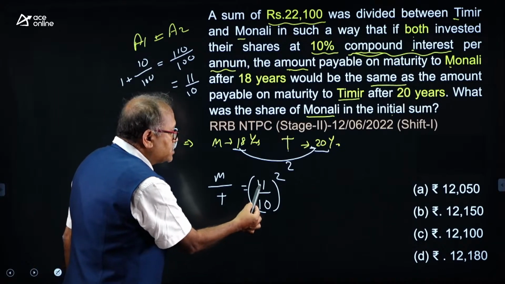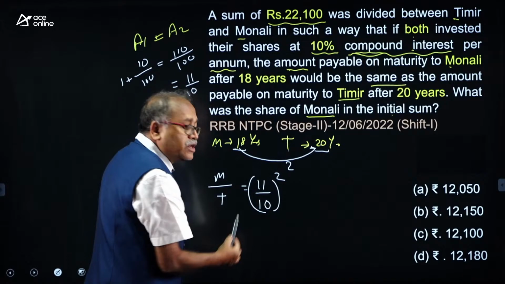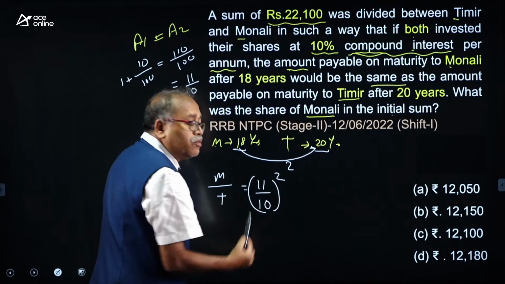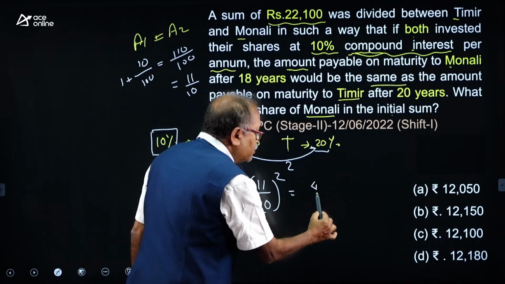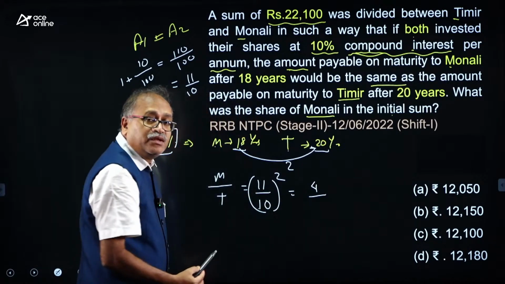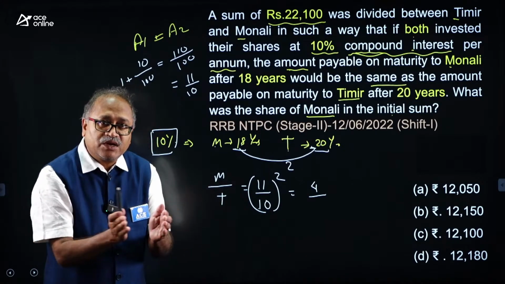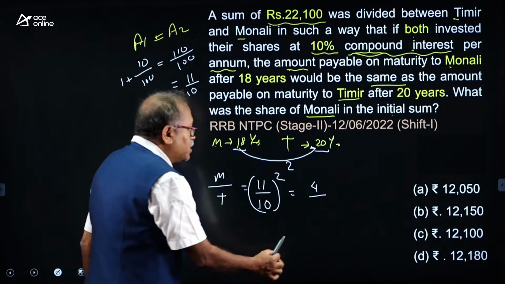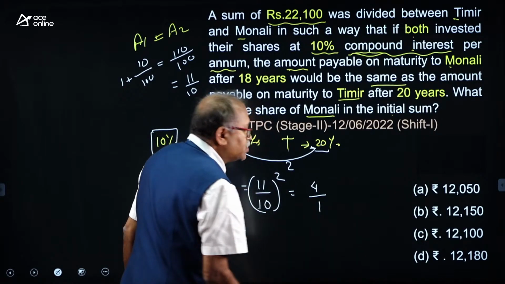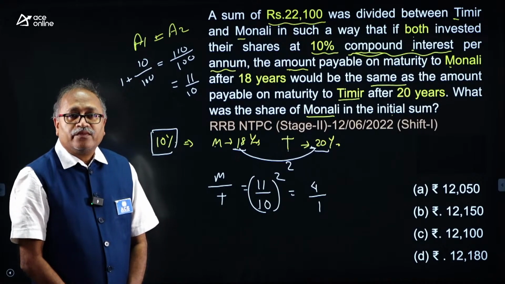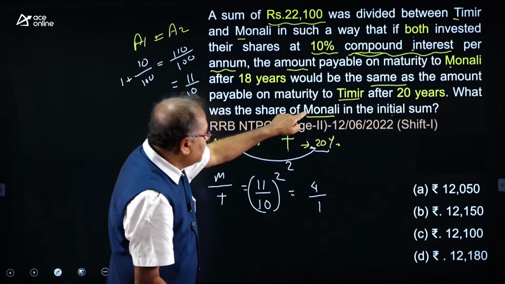Now, what is the ratio over here? 11 by 10 gives 1 plus 1 is 2, and 2 to the whole power 2 comes to 4 over here. And what about this one? It comes to 100 to the whole power, and the sum of the unit digit will be 1. So, the amount which will be distributed among them will be in the ratio 4:1, and my requirement is M.